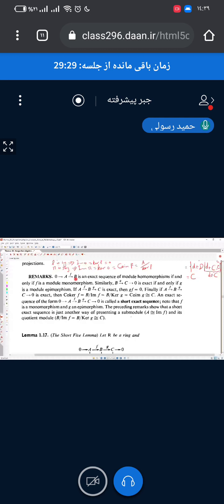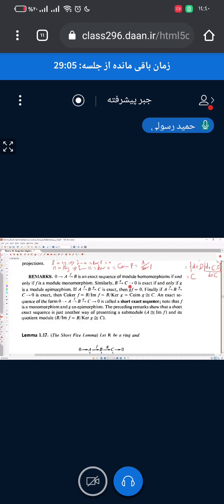Similarly, B, C, 0 is exact if and only if G is a module epimorphism. This is because the image of G equals the kernel of 0.